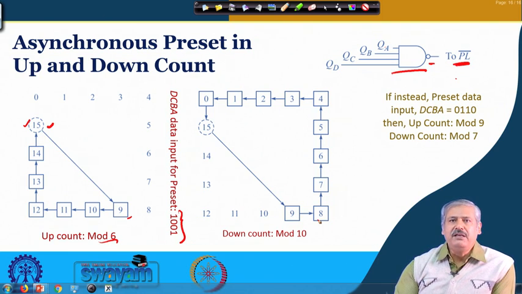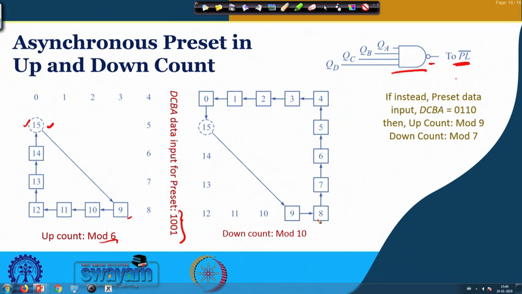And had it been a down counter, if you had exchanged the role of the clocks, so that the countdown clock is active and the count up clock is held at logic high, then what would have happened? Okay. After 15, 9 is loaded, immediately, so 15 and 9 are together. Then 9, 8, 7, 6, 5, 4, 3, 2, 1, 0.